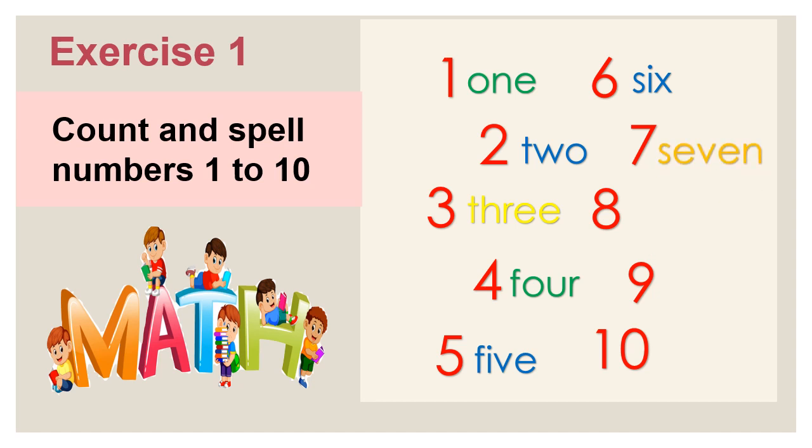Spell 8. How about 9? How about the last one? 10. Alright, that's all. These numbers 1 to 10 and their spelling. Good job! So that's exercise number 1. Don't forget all these numbers and how to write and spell them correctly.